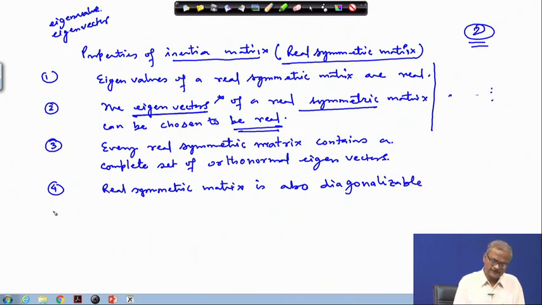You can diagonalize it, and this is very important, because if we can diagonalize, we can get the principal moment of inertia.